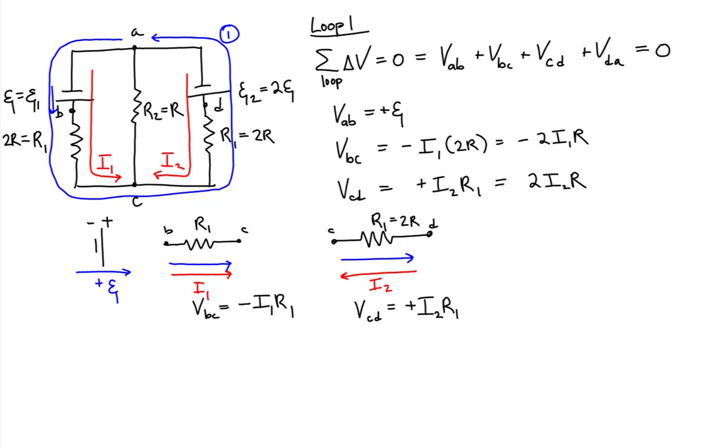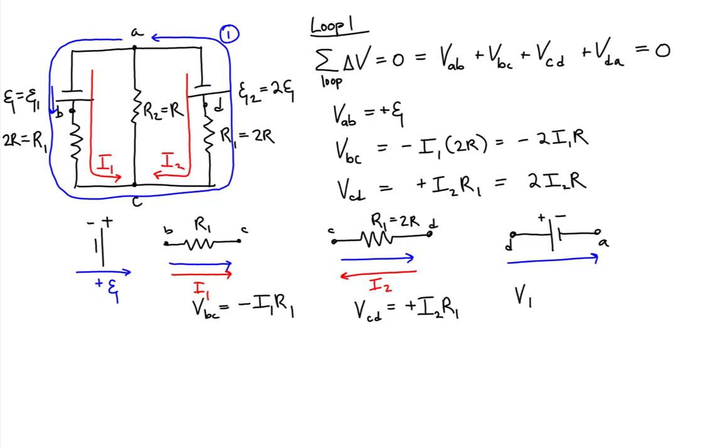And finally, in going from D back to A, we go across battery 2. So in going across battery 2, notice how we are going from the positive terminal to the negative terminal. Whenever you're going from a positive to a negative, you have to subtract the potential difference across that battery.